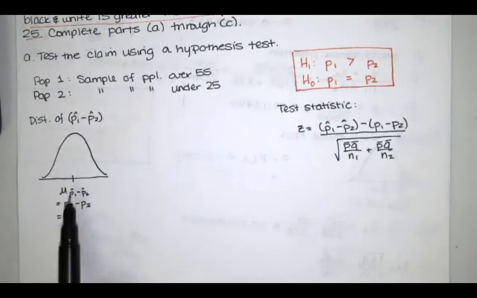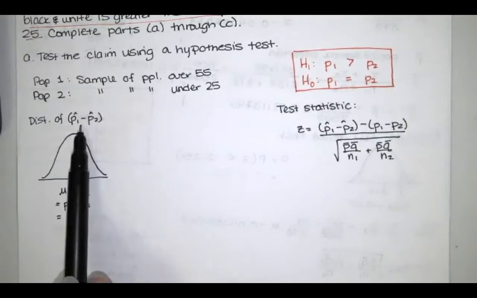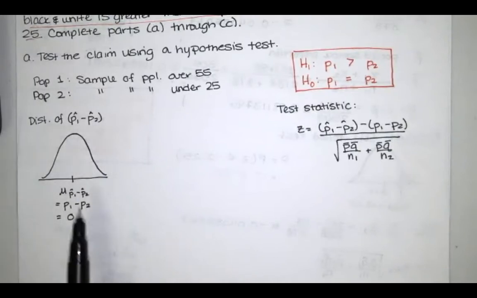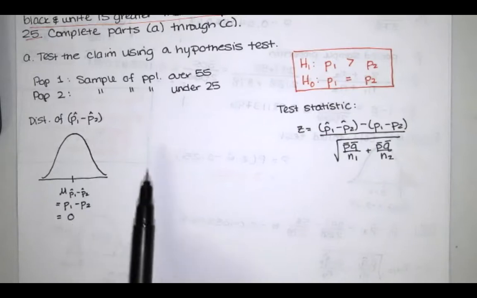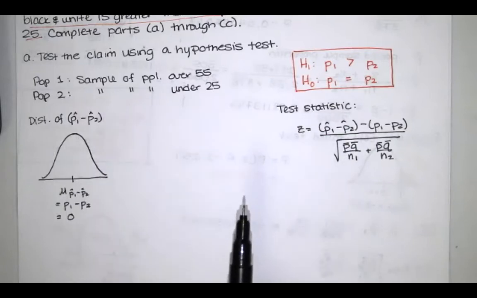And the mean of the distribution of P sub 1 hat minus P sub 2 hat is equal to the difference between the true population proportions, P sub 1 and P sub 2. Now, whenever we are converting to a test statistic, we're saying, okay, let's assume that the null hypothesis is true.